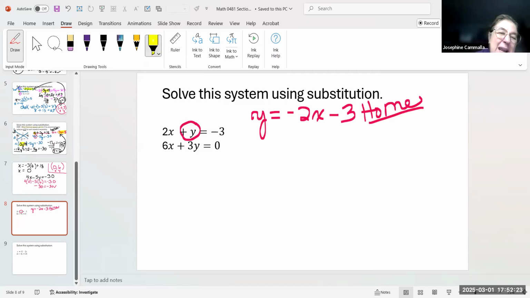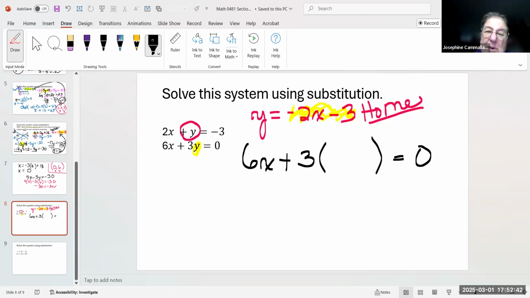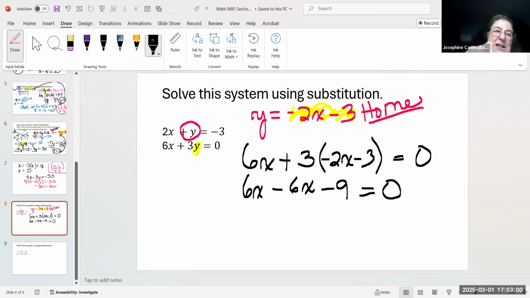Well, where this little y is, this is going to sit inside a parentheses, which is 6x plus 3 parentheses equals 0. I have a negative 2x minus 3. 6x minus 6x minus 9 is equal to 0.